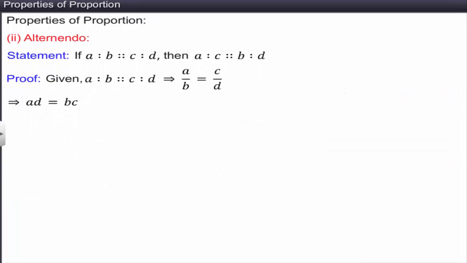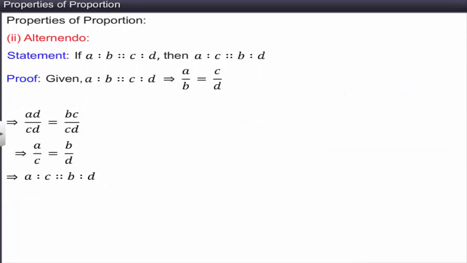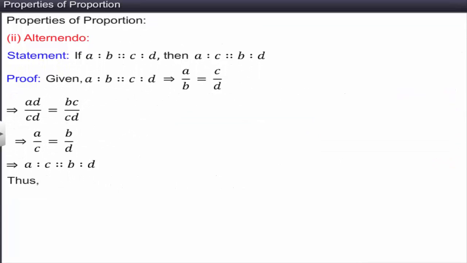On dividing both the sides by CD, we get A upon C is equal to B upon D, which can be written as A is to C is as B is to D. Thus, A is to B is as C is to D implies that A is to C is as B is to D. This proves the alternando property.